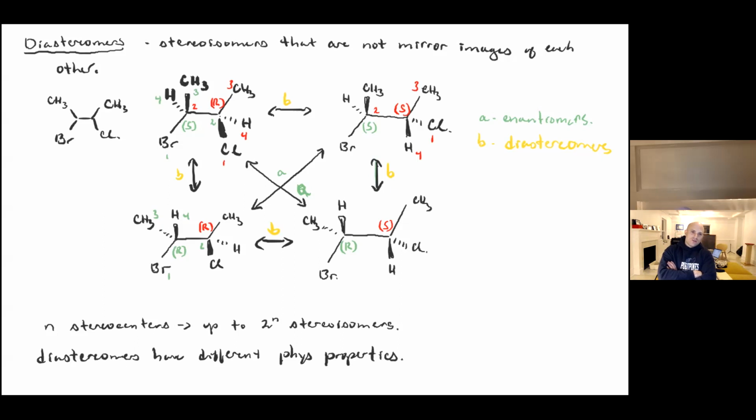Essentially, every feature of them can be different. In practice, these are often quite similar, but they are by definition allowed to be different, whereas enantiomers have to be identical. Okay.